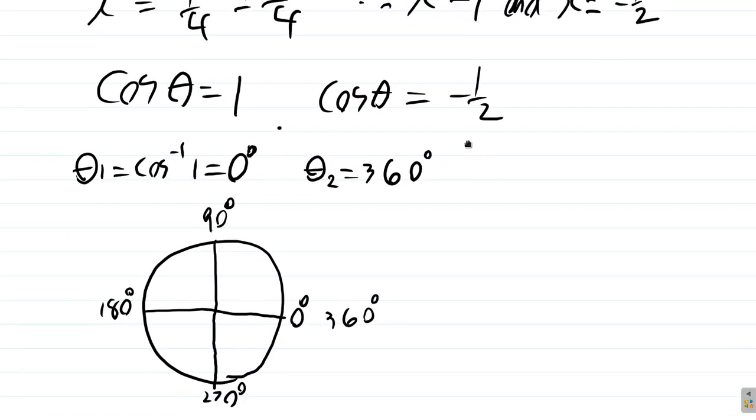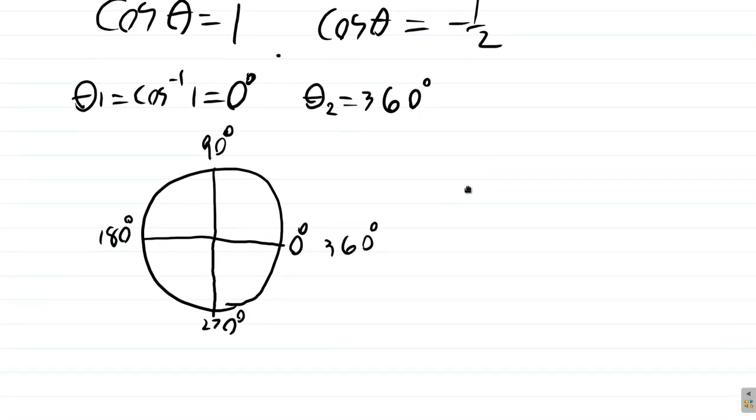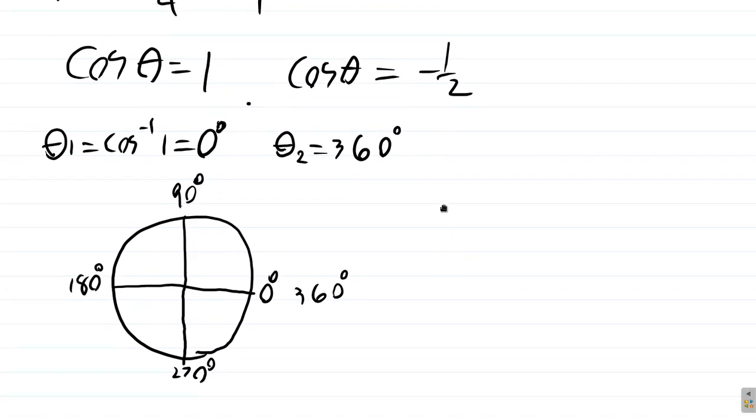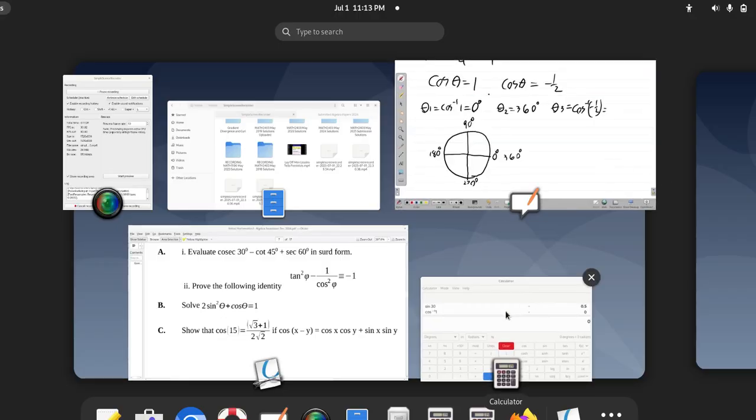Now what about cos theta equals negative half? Call this theta 3 is equal to cos inverse of negative half. Now what would be cos inverse of negative half?